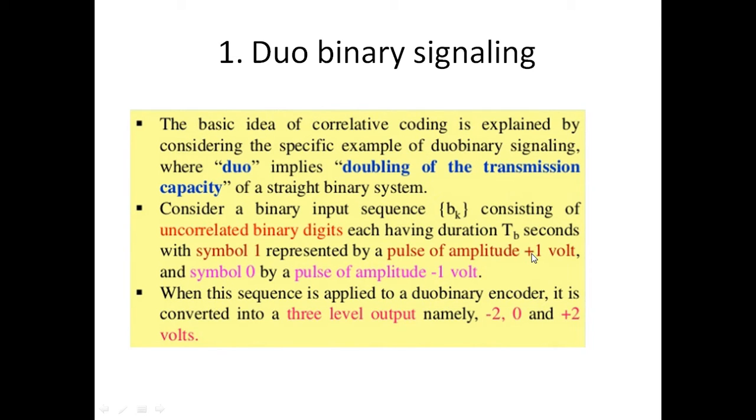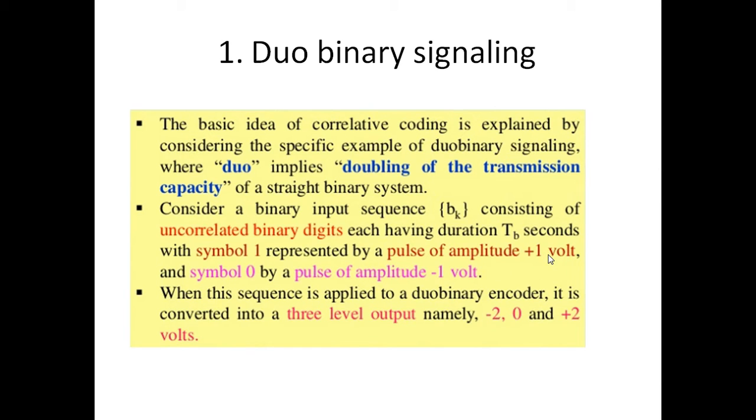For example, binary 1 is represented by plus 1 volt, and binary 0 is represented by minus 1 volt. How many combinations will we have? 0 0, 0 1, 1 0, 1 1. So four combinations will be there: plus 1 into minus 1, plus 1 into plus 1, like that.